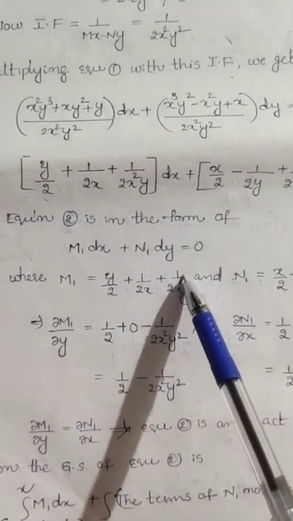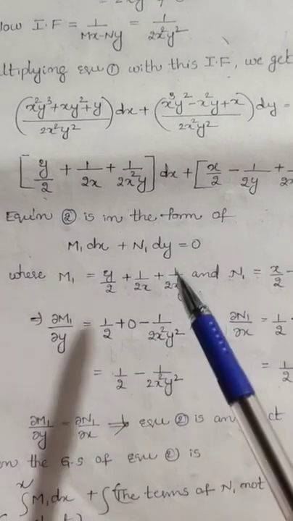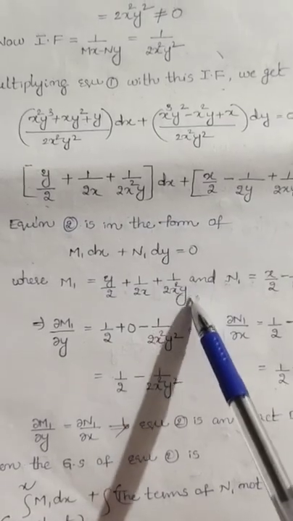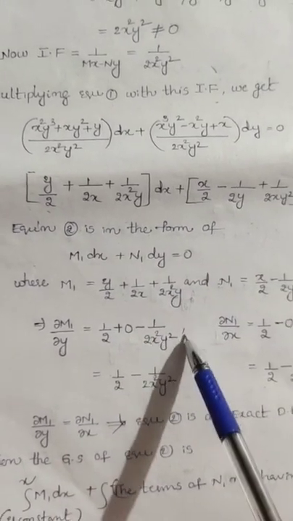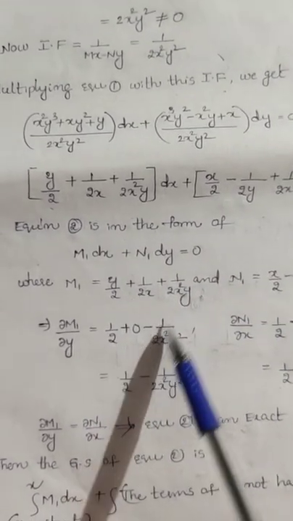Here 1/(2x²) is constant, and the derivative of 1/y is minus 1/y², so we get minus 1/(2x²y²).